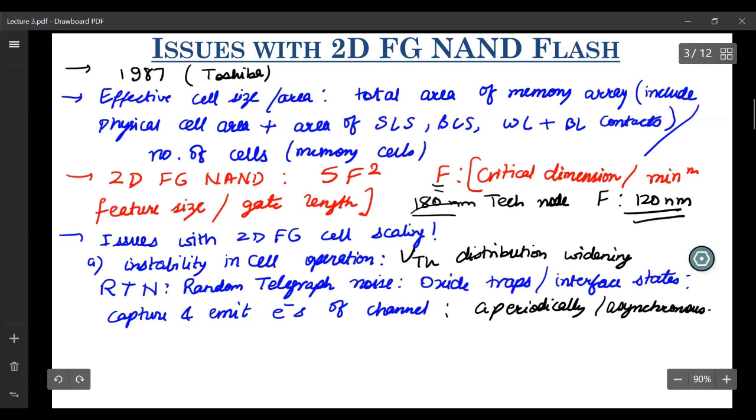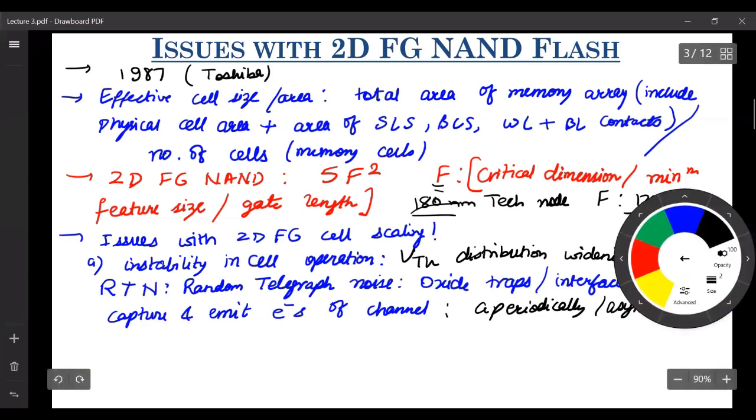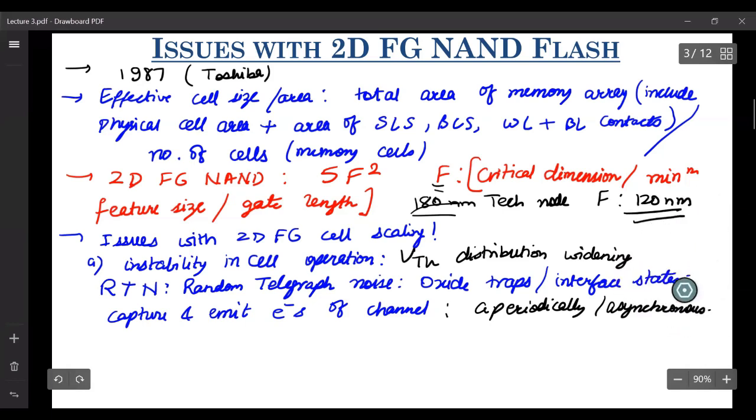So what happens here is, let me just draw a MOSFET and then explain that to you. Let us say this is your MOSFET. This is your N plus, this is your gate oxide, this is your gate electrode.